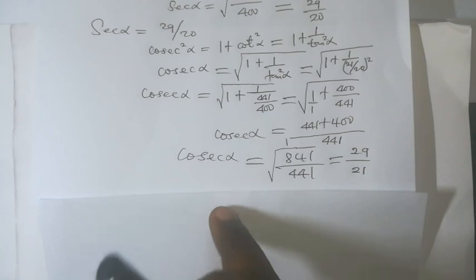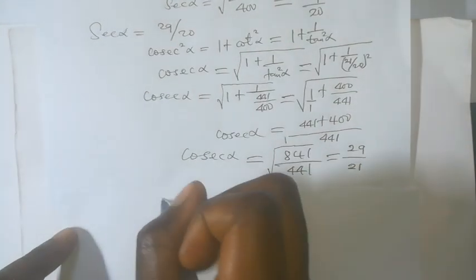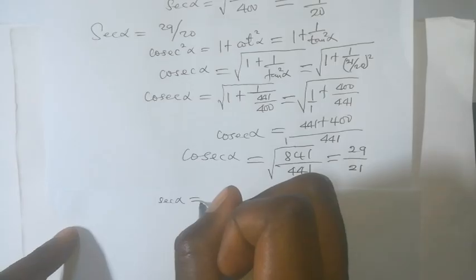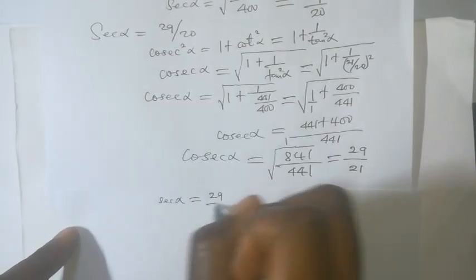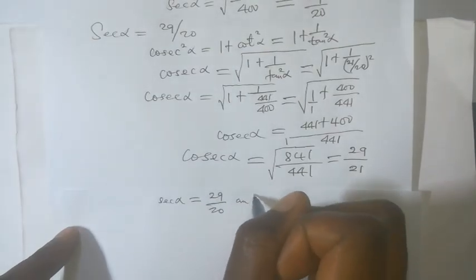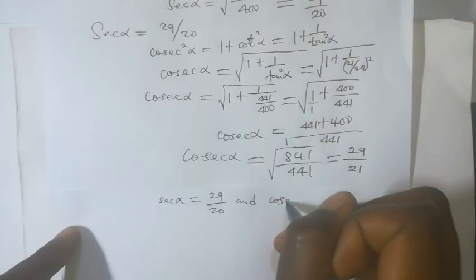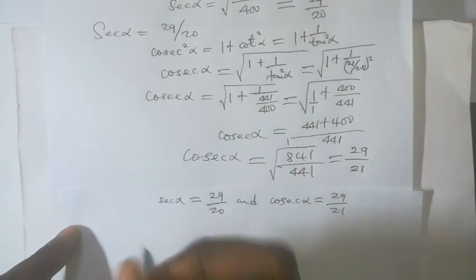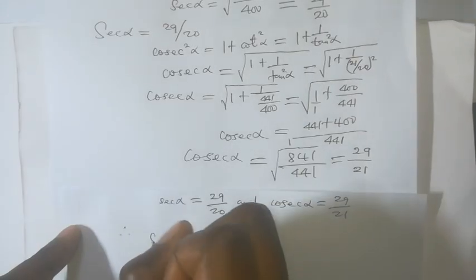So in that case, we now have the value of sec alpha to be 29 over 20, and cosec alpha to be 29 over 21.